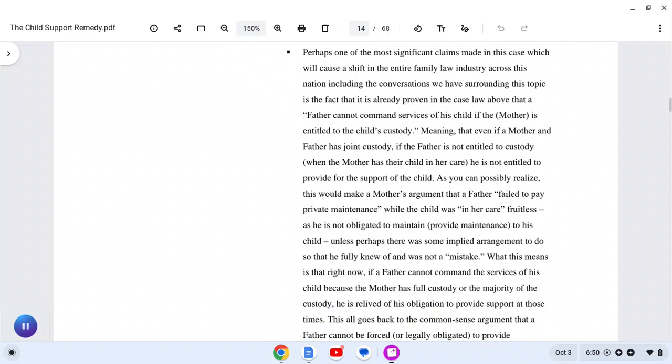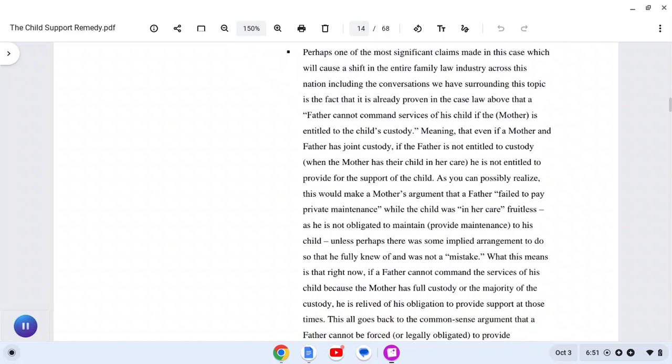Perhaps one of the most significant claims made in this case, which will cause a shift in the entire family law industry across this nation, including the conversations we have surrounding this topic, is the fact that it is already proven in the case law above that a father cannot command services of his child if the mother is entitled to the child's custody. Meaning that even if a mother and father have joint custody, if the father is not entitled to custody when the mother has their child in her care, he is not entitled to provide the support of the child.